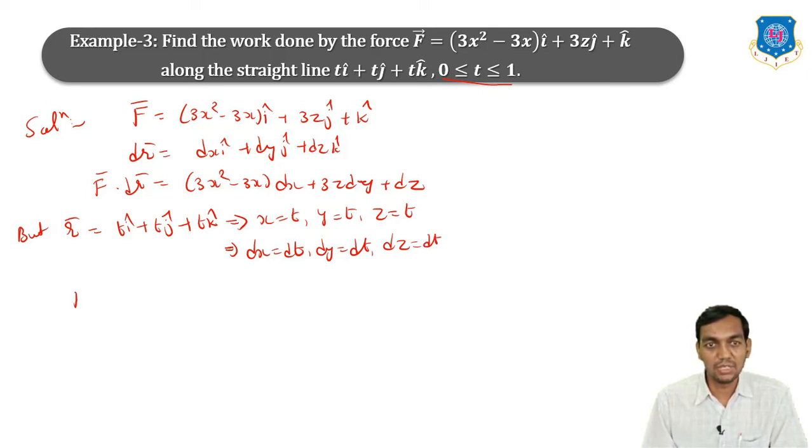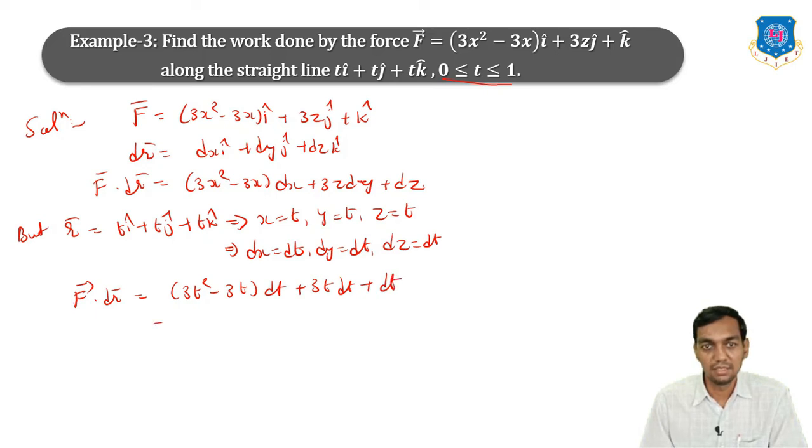So your f dot dr will be (3t square minus 3t) dt plus 3t dt plus dt. If you simplify, then minus 3t plus 3t will cancel out. So 3t square plus 1 dt.